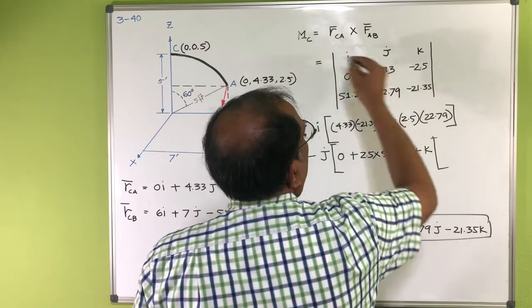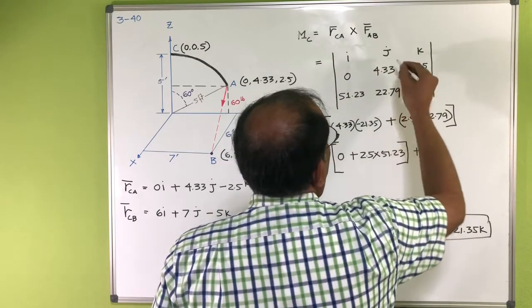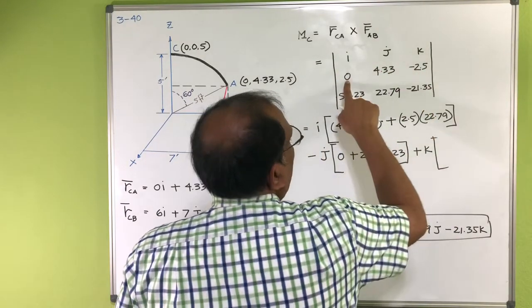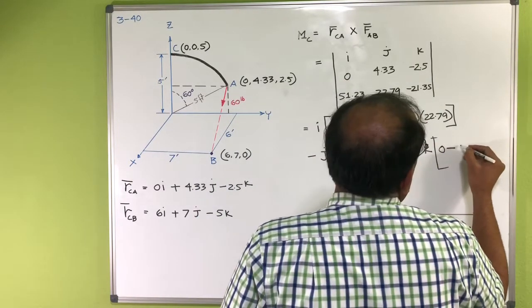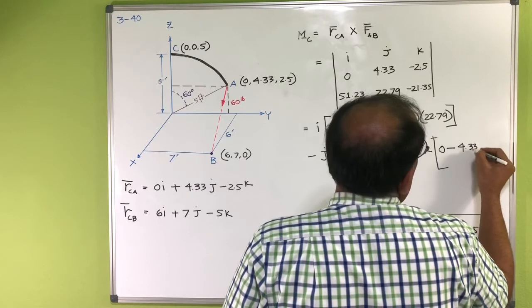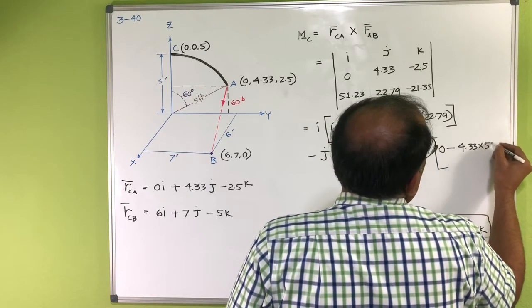So this one and this one cancel, so this minus this. If you multiply anything with 0, that's actually 0 minus 4.33 into 51.23.